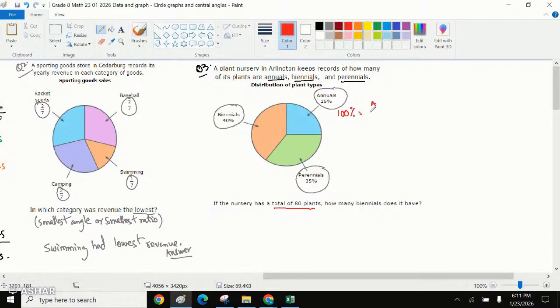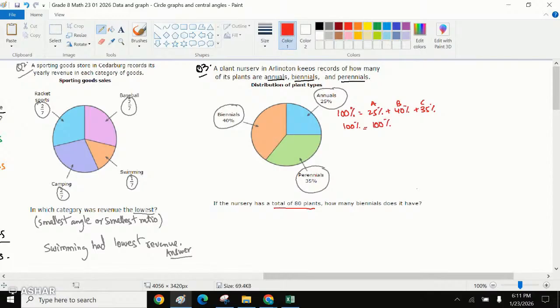A was 25% plus B, we need to confirm this, that was 40% plus C, that was 35%. So can we say 25 plus 40 is 65, 65 plus 35 is 100%, right? That means we can say that the total is 100%.